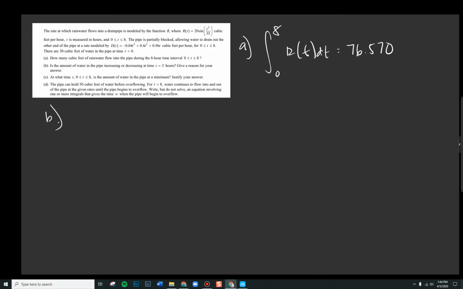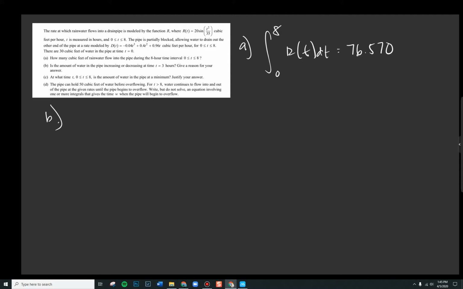Letter B. Is the amount of water in the pipe increasing or decreasing at time t equals 3 hours? Give a reason for the answer. On one hand, we have the rate of the water flowing into the drain pipe, which is R of t.